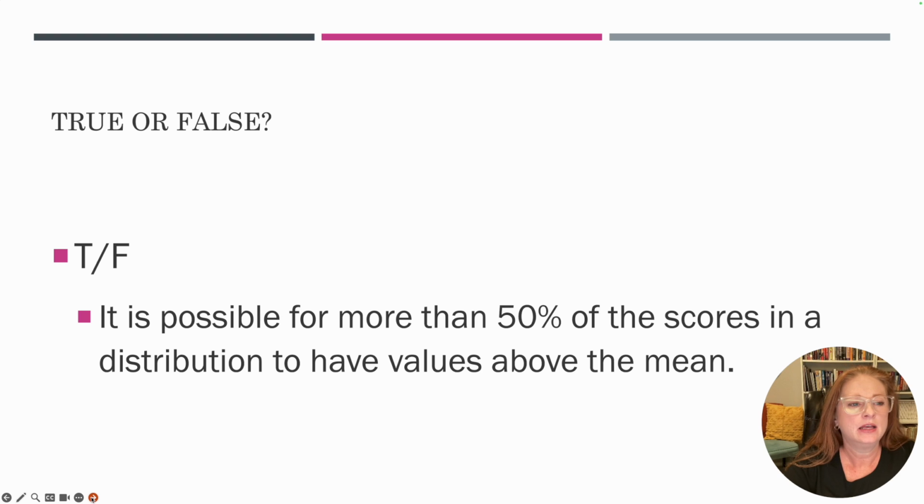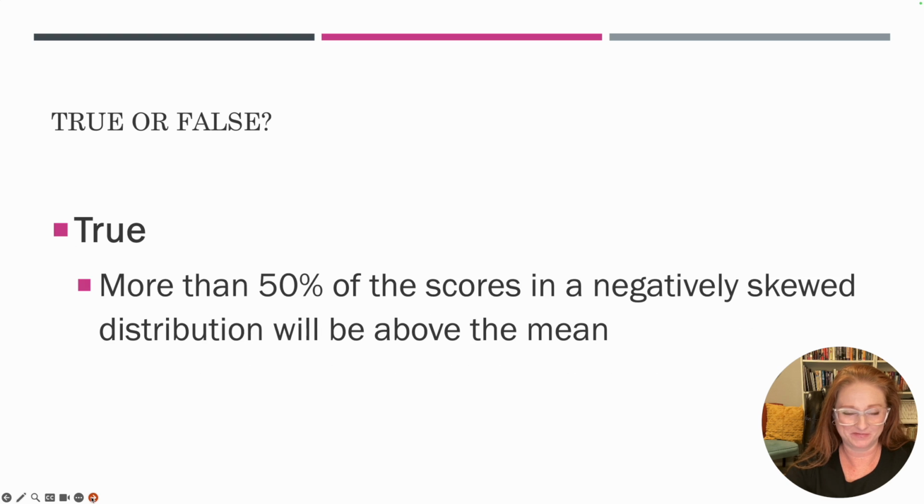Okay, quick check. True or false? It is possible for more than 50% of the scores in a distribution to have values above the mean. True.